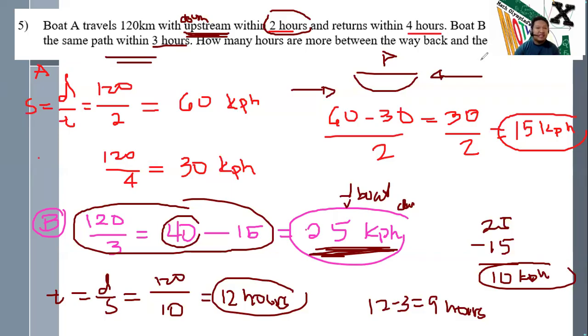That's why we subtracted 15 again to know the speed of the boat going against the water. The boat is 25 kilometers per hour, but the water is holding you back, so we subtract another 15. Did I answer your question, Pan Kwang Tuan, before we move forward to question number 6?